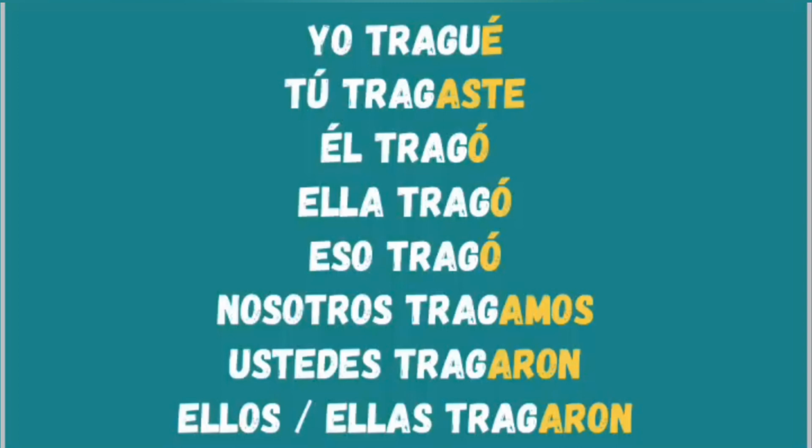Nosotros tragamos. Now if you want to say you swallowed in the plural form, then you have to say ustedes tragaron. Ustedes tragaron. And then if you want to say they swallowed, in Spanish you have to say ellos tragaron if you're talking about a group of boys, and ellas tragaron if you are referring to a group of girls.